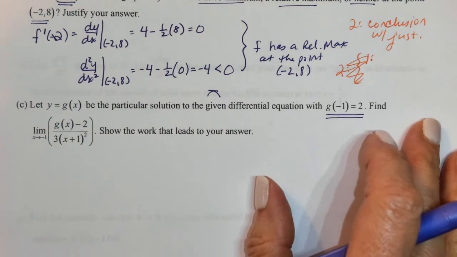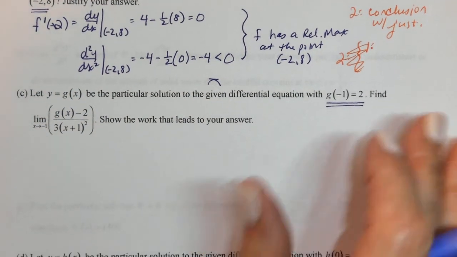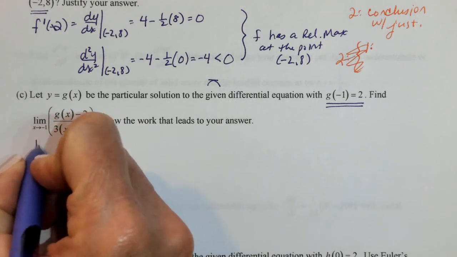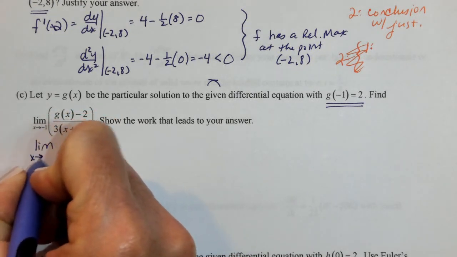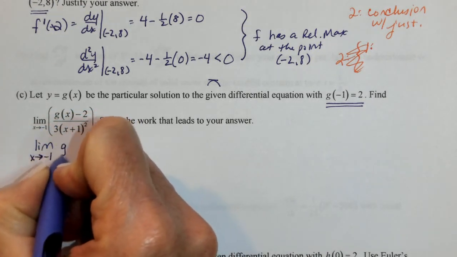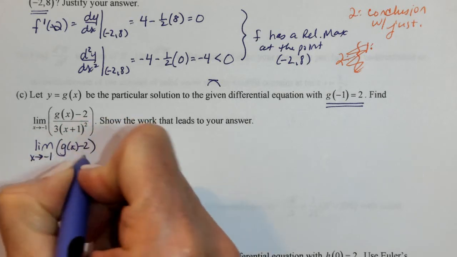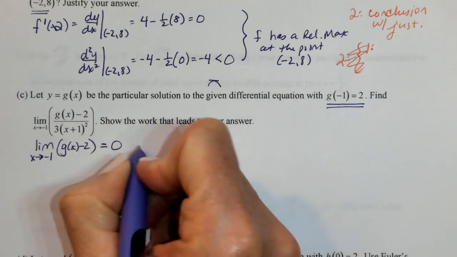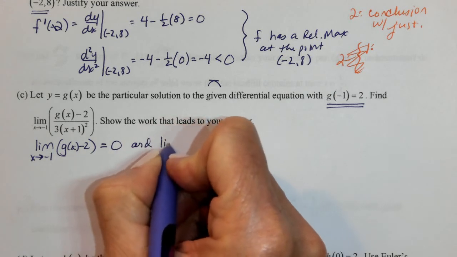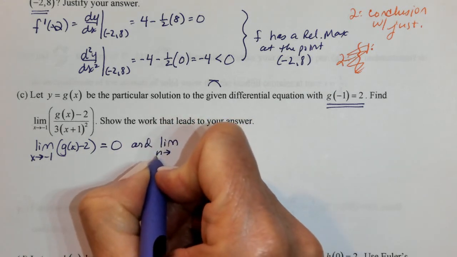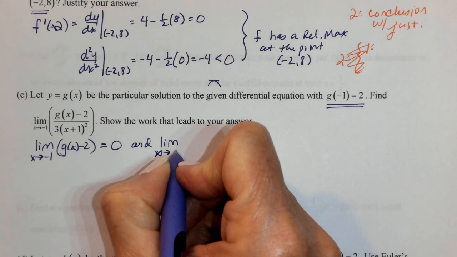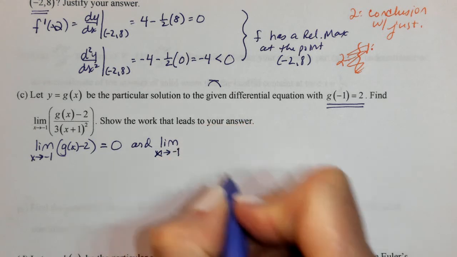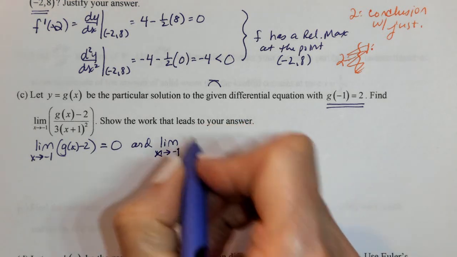Here's what you have to show on an FRQ to use L'Hopital's rule. You need to say that the limit of the numerator is 0, and the limit of the denominator, x. I almost put an n. We got so used to doing n's last in our series unit.